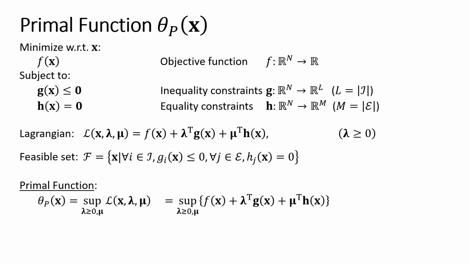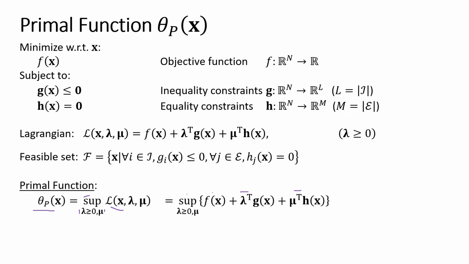The primal function is theta_p of x, which is the supremum with respect to the dual variables lambda greater than or equal to 0 and mu of the Lagrangian, which is supremum of f of x plus lambda transpose g of x plus mu transpose h of x.